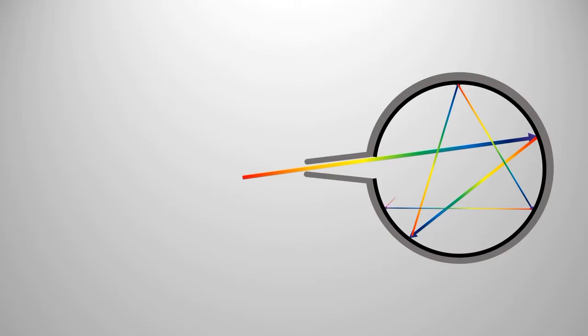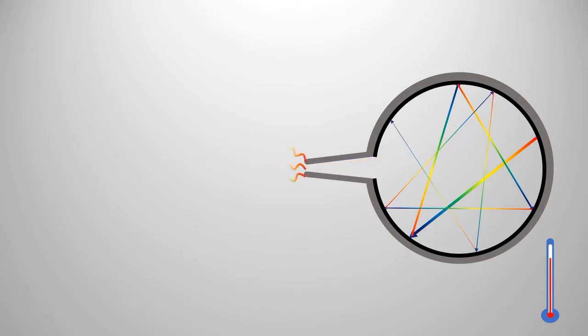In this way, in each collision, 99% of the radiation is absorbed. Due to the absorption of radiation, its temperature also increases. As a result, it starts emitting radiation from the narrow hole, in which all wavelengths are present. This radiation is called the blackbody radiation.